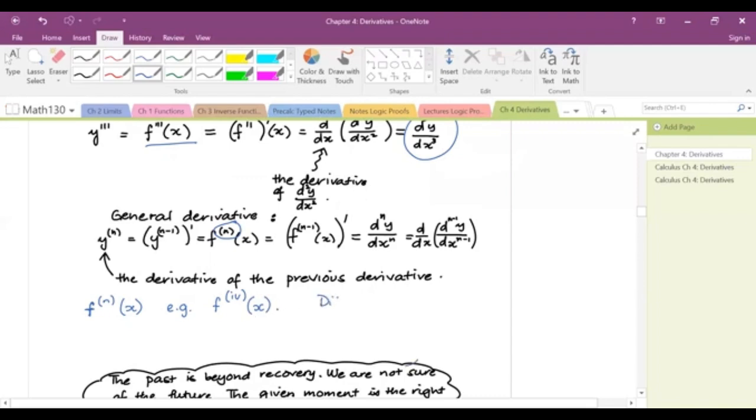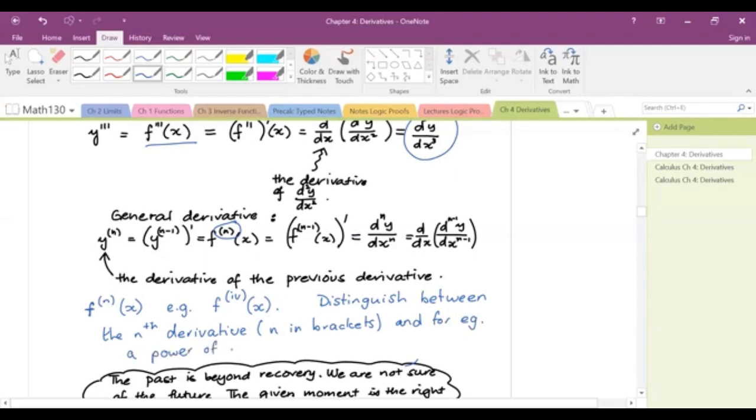So distinguish between the nth derivative, where we put the n in brackets, and, for example, a power of f.